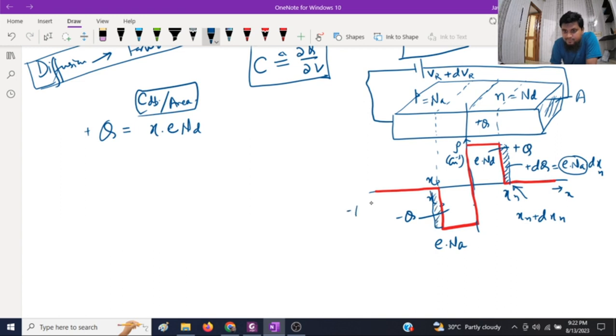Likewise, minus dq is equal to E into Na into dxp, right? Of course, they will be equal. So minus dq will be equal to this plus dq in magnitude.